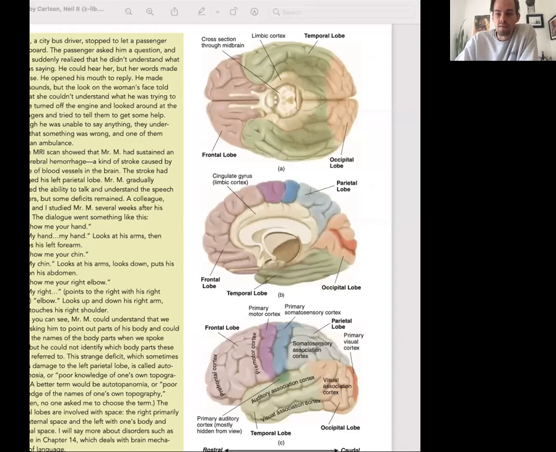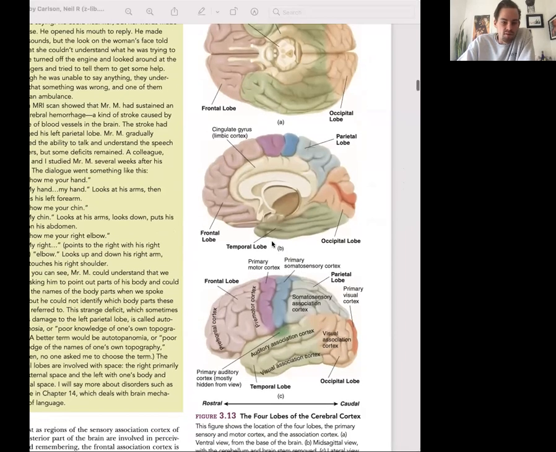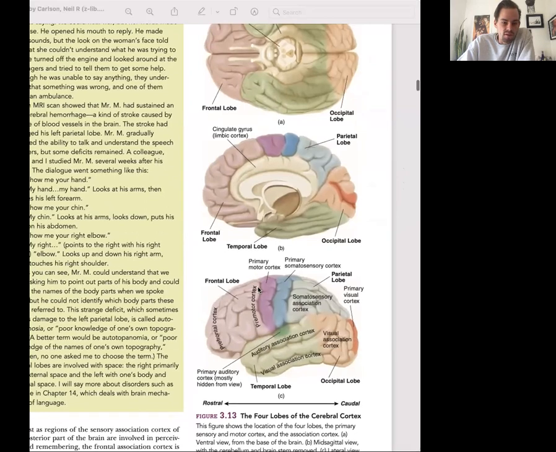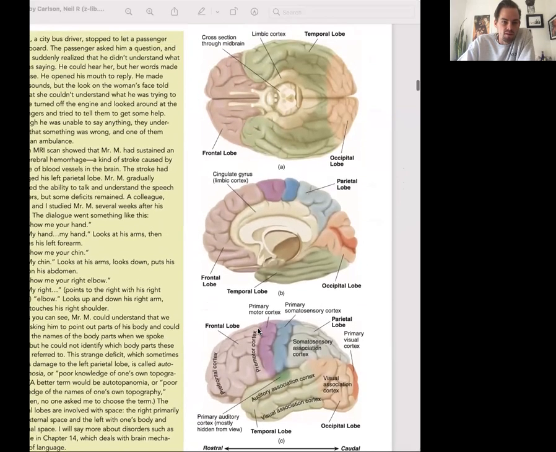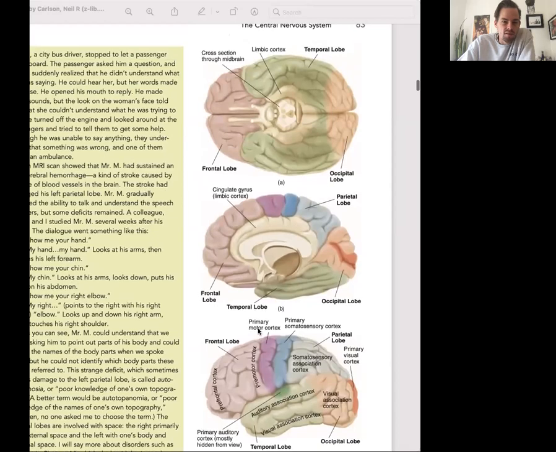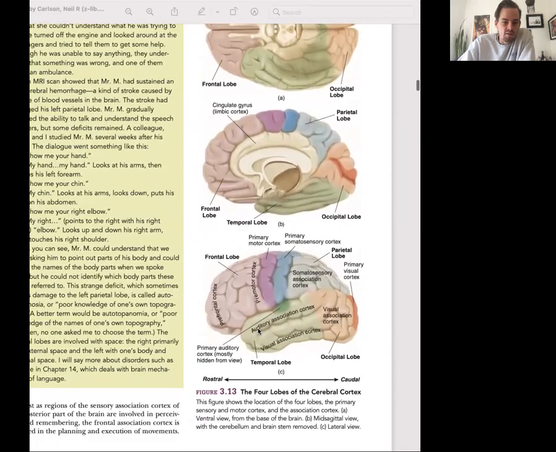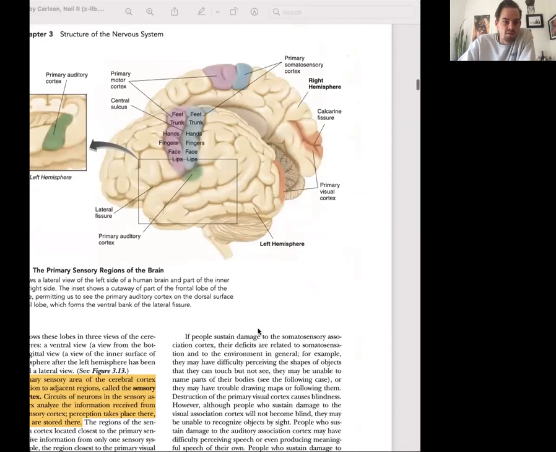And so the frontal lobe is very important for executive functions. And it includes everything in front of the central sulcus. So the central sulcus, I feel like it would be on here. Maybe it doesn't show here.